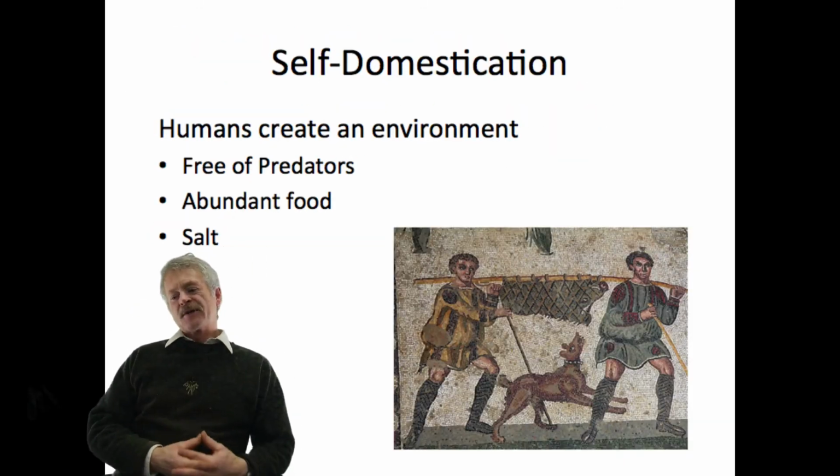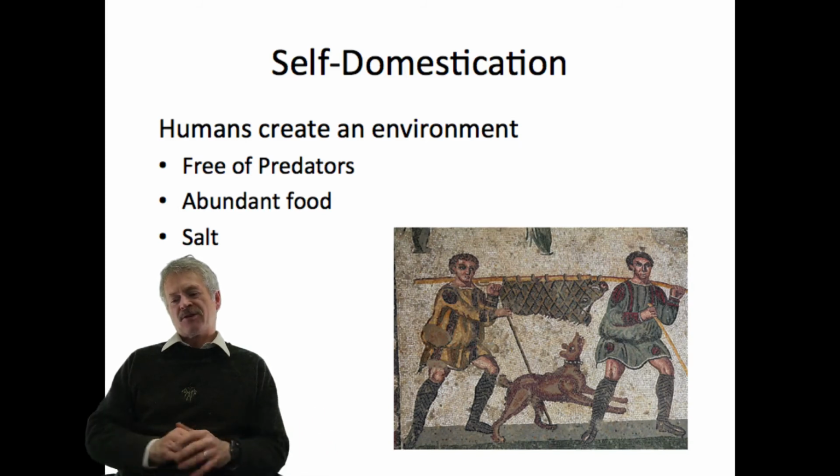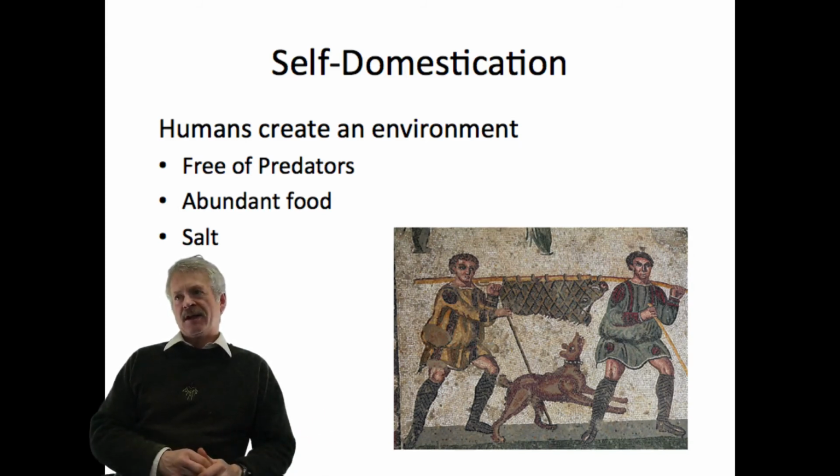So we like to think that we humans have domesticated all the animals out there, but that may not be the case for all the domestic animals, in particular dogs. Dogs, they may have domesticated themselves.